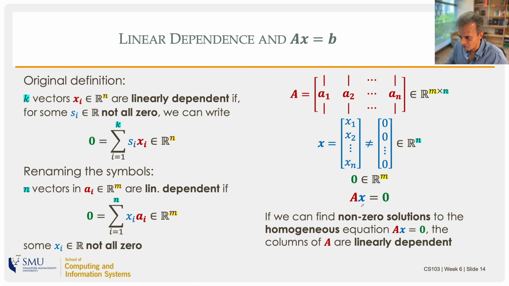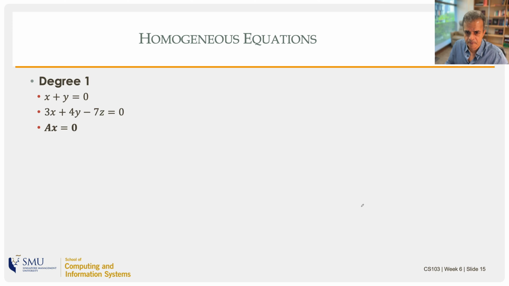Now this homogeneity, we are using the same word that we came across in the first chapter. So let's look at it a little bit. That's not part of this course really, but just to tell you, homogeneous equations of degree 1 would be linear equations. It's just that the right hand side would be 0. So a system of homogeneous equations would be of the type Ax equal to 0.